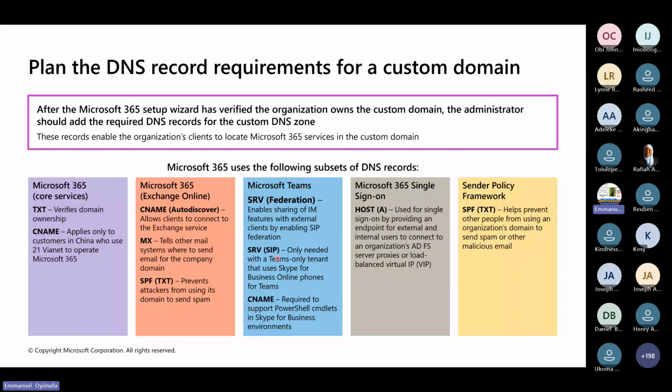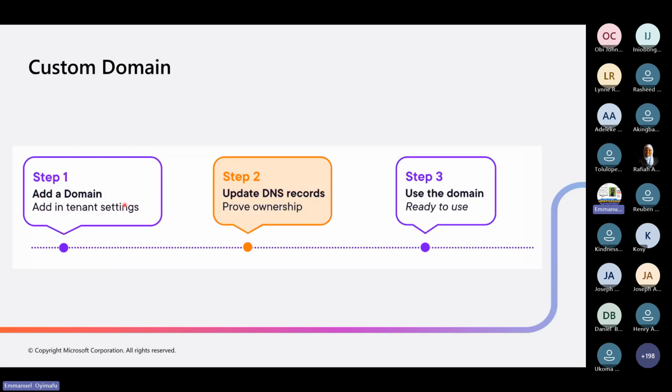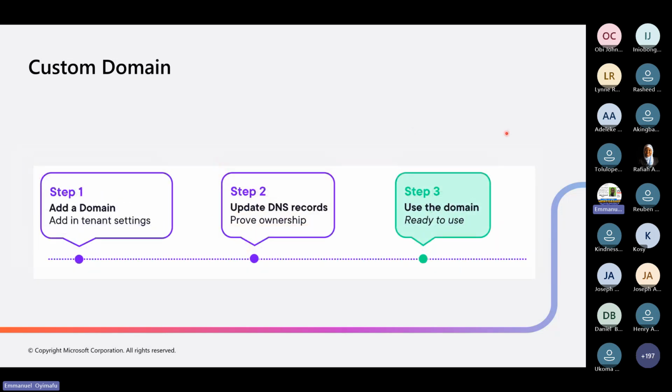But let's just focus on the CNAME, the MX, and the SPF record. First, if you want to create a custom domain name, you add the domain in the tenant. Then you update the DNS record in your DNS registrar. Then you use the domain.